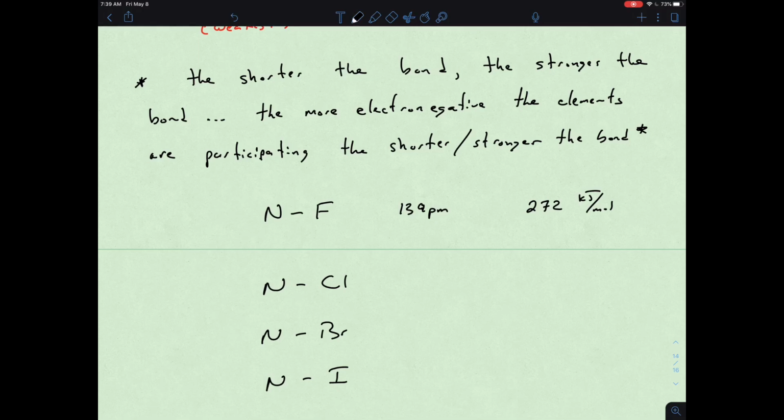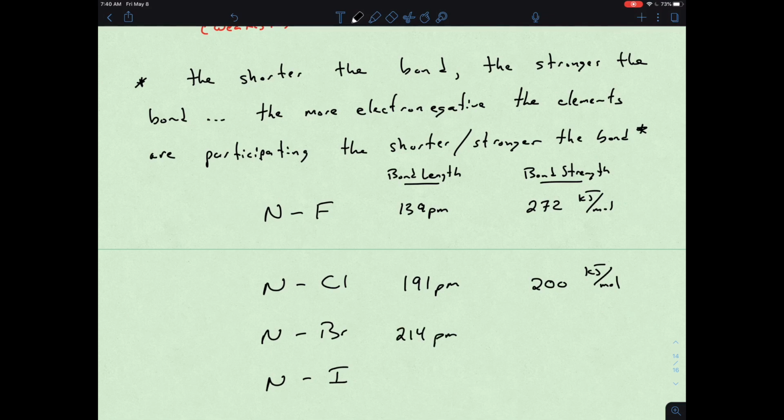So here we have bond length, and here we have bond strength. We get to chlorine. Now we find that that bond is actually a little bit longer. We can rationalize that by chlorine being less electronegative than fluorine, but also by chlorine being bigger than fluorine, so it can't get as close to the nitrogen either. And we find that as we increase that distance, our bond strength starts to decrease as well.